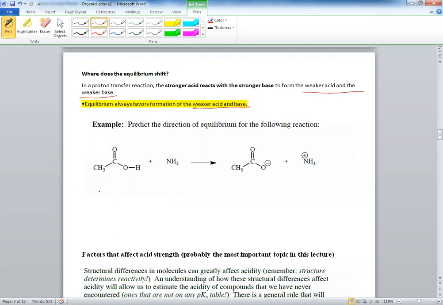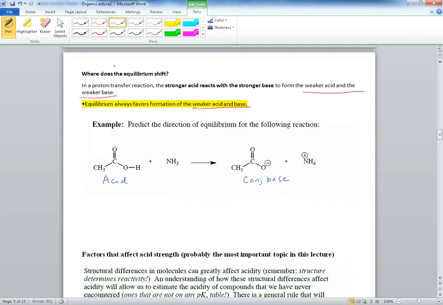First of all, the number one thing you need to do is determine what's the acid and what's the base. So we look around and we see that this H was donated, it's gone, and left behind a negative charge. This N took that H and it became NH4. So right away, this is your acid, and once again, its pair will be the conjugate base.